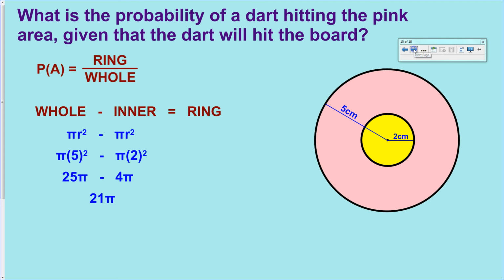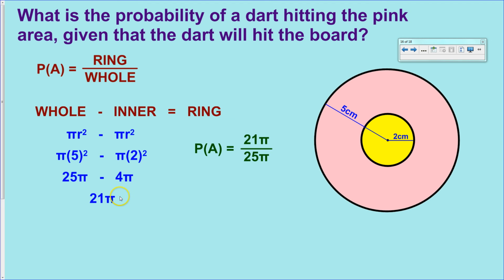Then moving on to the probability calculation, we're going to take the area of the ring divided by the area of the whole board, which we had already previously calculated. These are both in square units, but when you divide them, the units cancel.